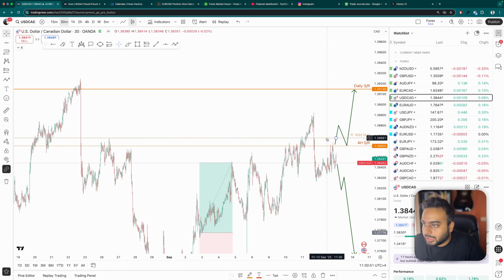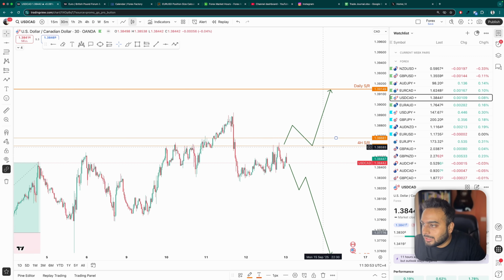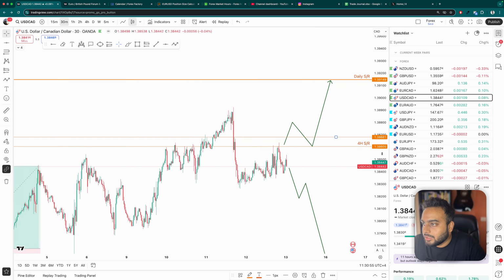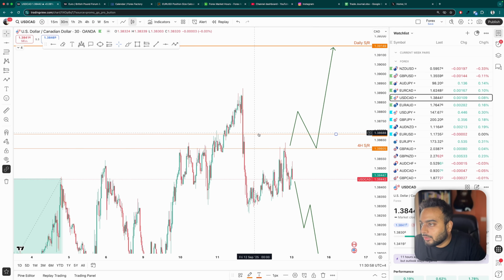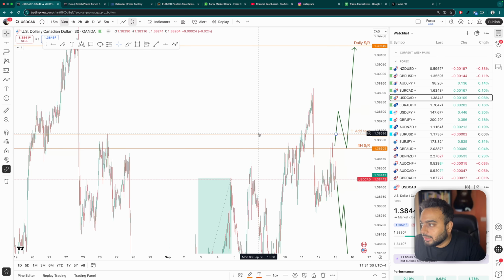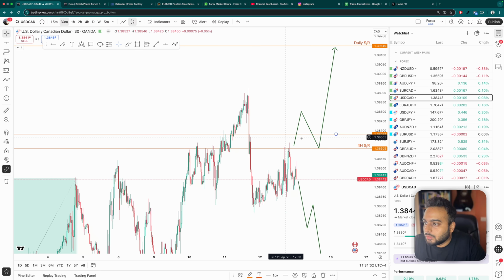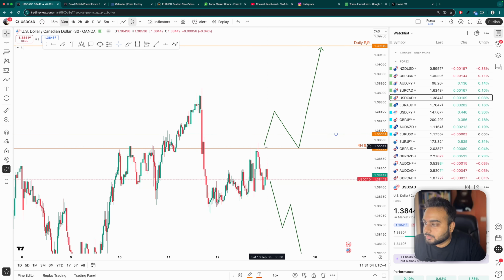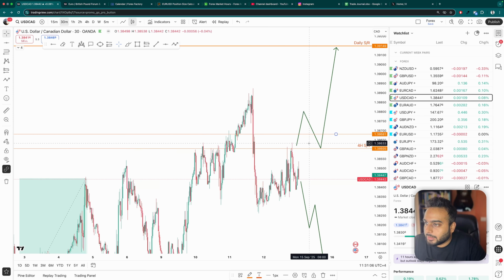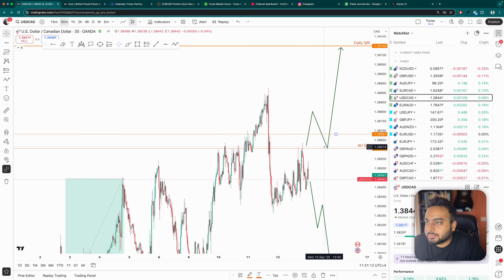All I want price to do is break this level for me, and maybe on retest, or depending on what the market is giving me, I will look for a buy. The price comes here, and the second time all I want is a breakout of this level. That's it.